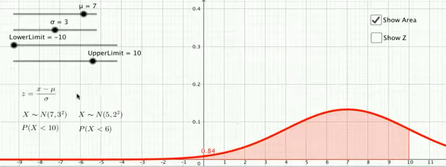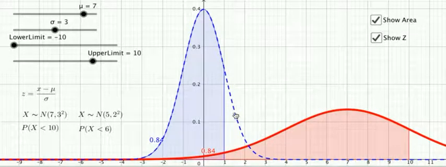If we apply this formula, we would say the X value is 10, take away the mean, which is 7, so 10 take away 7 is 3, divided by the standard deviation, which is also 3, so 3 divided by 3 would be 1. If I bring this up now, we can see that that is the value that would give me the exact same probability if I work out the area beneath that value of 1.